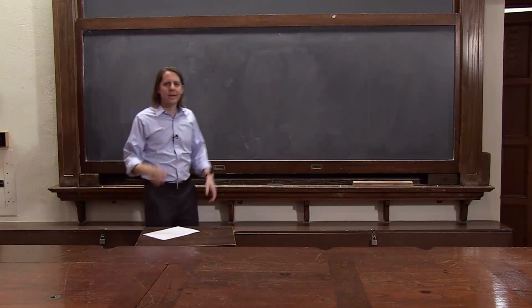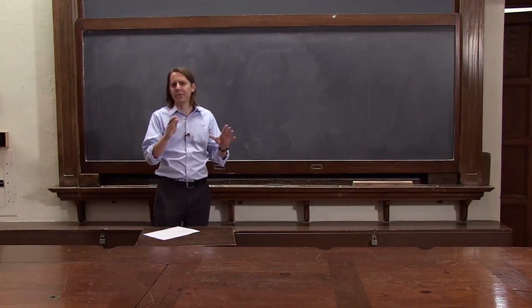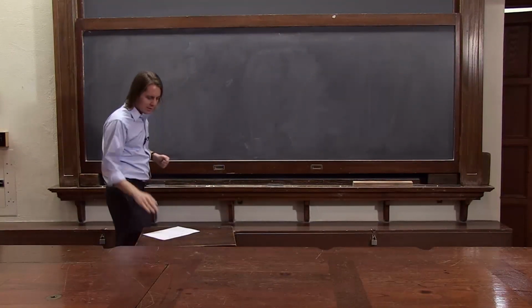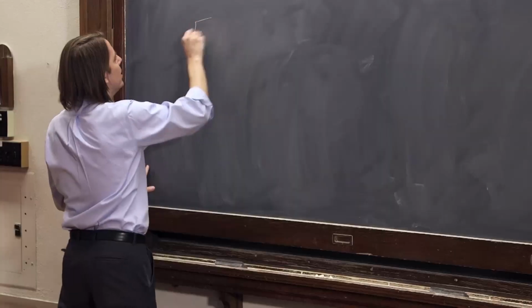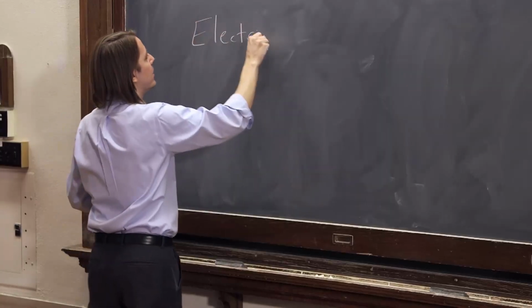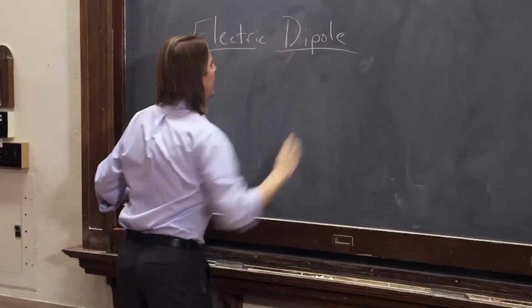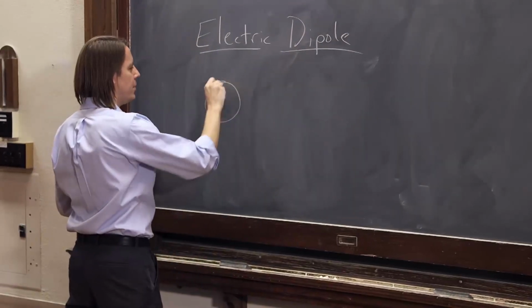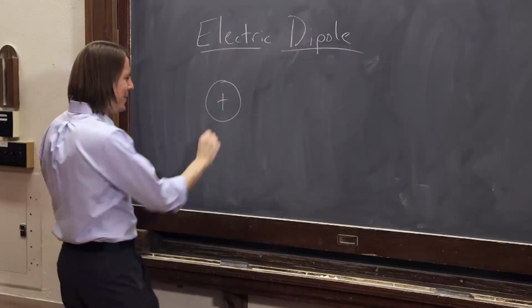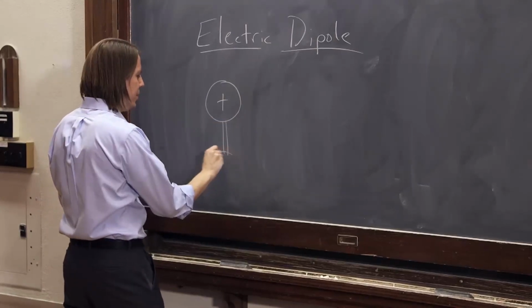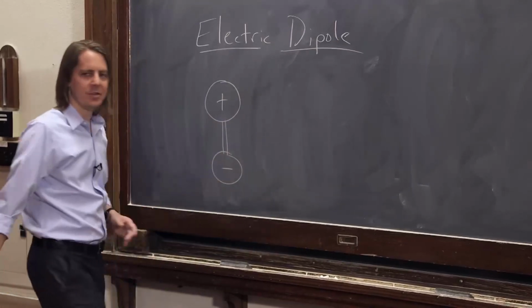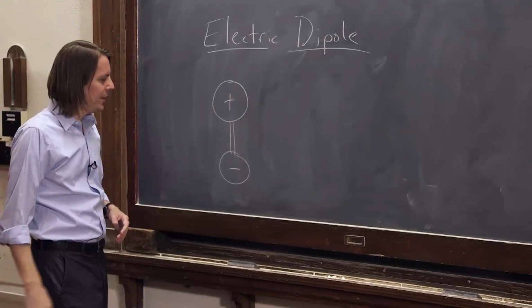Let's compare this bar magnet to electrostatics, because we're really good at electrostatics. Let's think about something called an electric dipole. So if we have a charge here, a positive charge, and we connect it to some negative charge with a little stick, an imaginary stick that keeps them separated, that's a dipole.